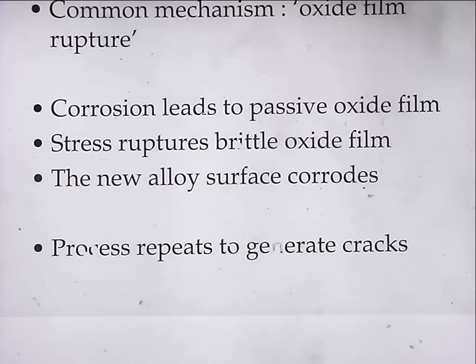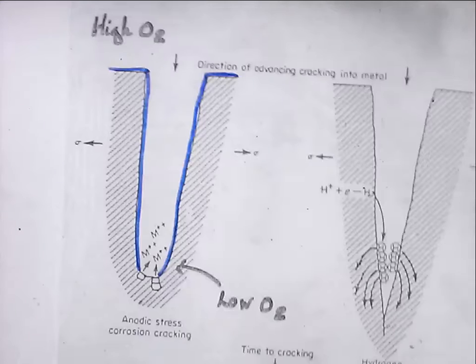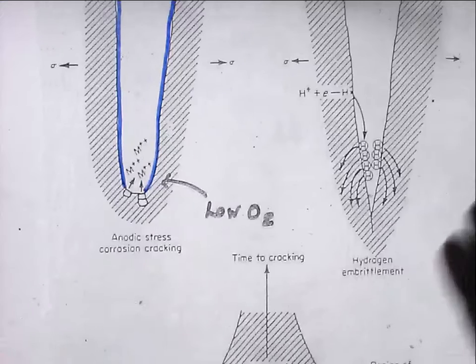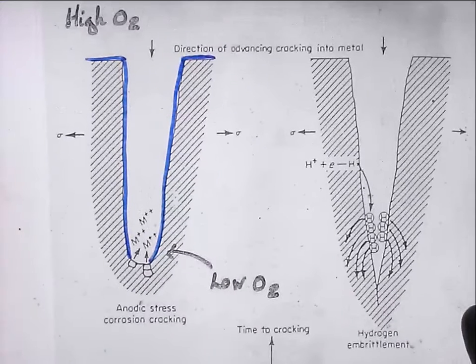So that blue line is the oxide, which means all the current is concentrated at the tip where there's low oxygen. So this is the anode, with relatively high oxygen on the outside of the structure. And you get some corrosion. This will then passivate, the stress will then break that oxide, and you get a series of progressive steps of corrosion.